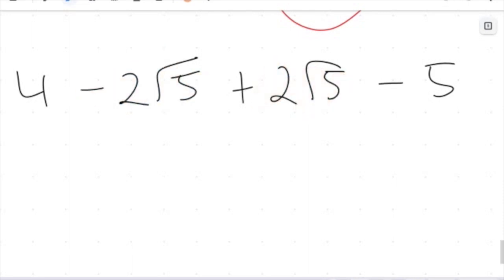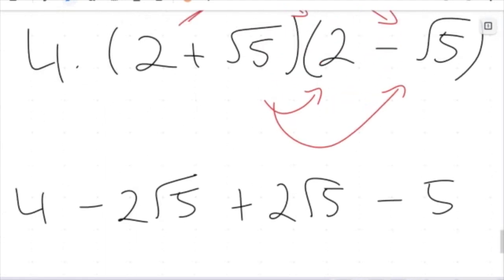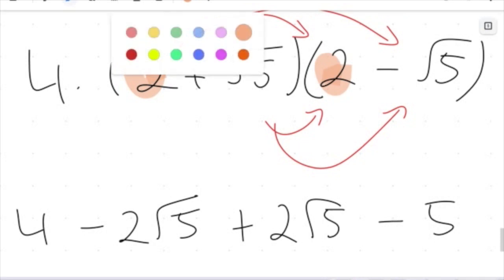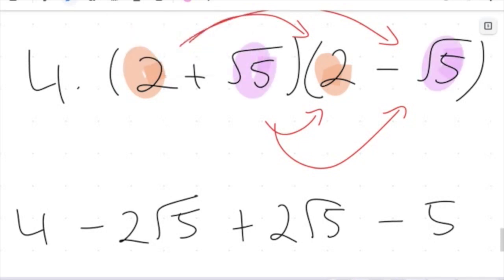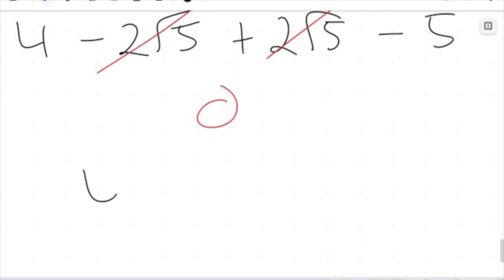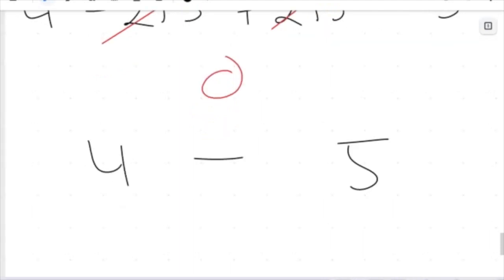With our difference of 2 squares, remember when we had the same terms in my brackets, but just a different sign separating them, I always got the first term squared minus the last term squared, because the middle terms end up cancelling each other out. Because negative 2 root 5, if I were to add 2 root 5 to that, I would just get 0. So as a result, I get 4 minus 5.